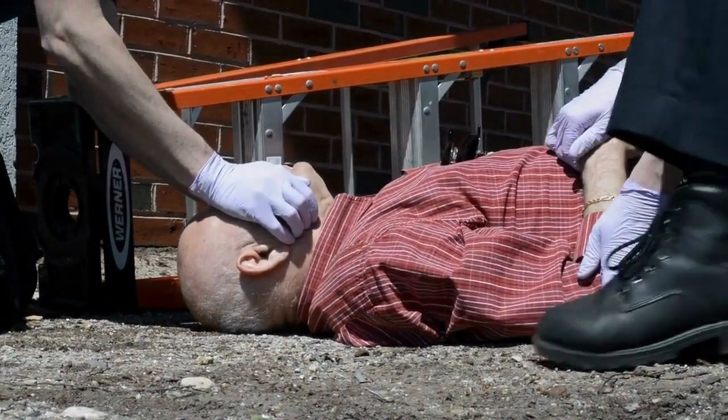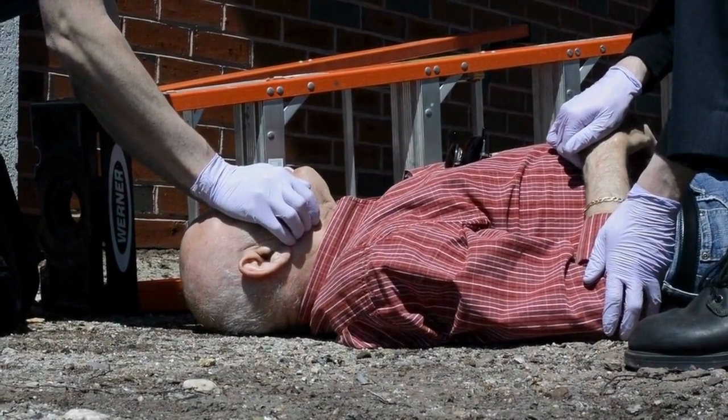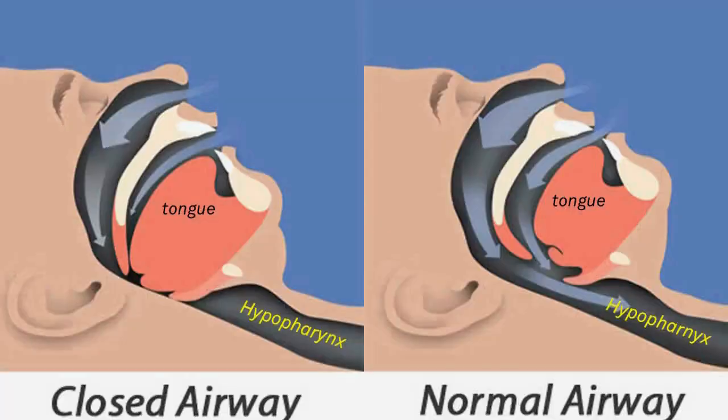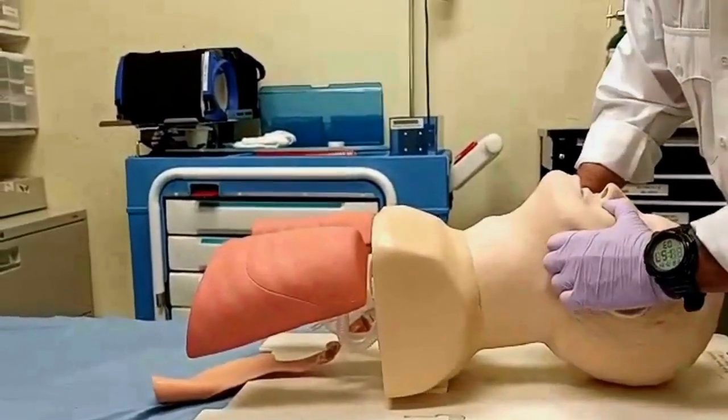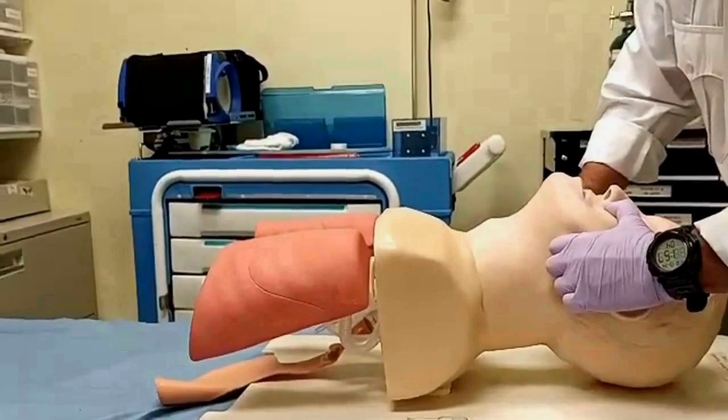While opening the airway is essential, it is also important to protect the spine. The modified jaw thrust maneuver allows the airway to be opened with little to no movement of the spine. This is accomplished by lifting the jaw, which brings the tongue forward off the posterior hypopharynx without manipulating the spine.